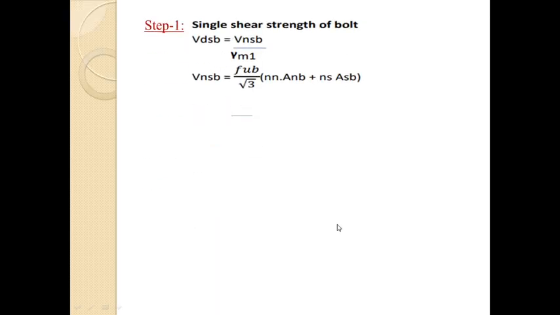Now step number 1: we first calculate single shear, then we calculate double shear, because here a double lap joint is given. For the single shear strength, we know the formula VDSB is equal to VNSB upon gamma m1. VNSB is equal to Fub upon root 3 in bracket (nn into Anb plus ns into Asb).